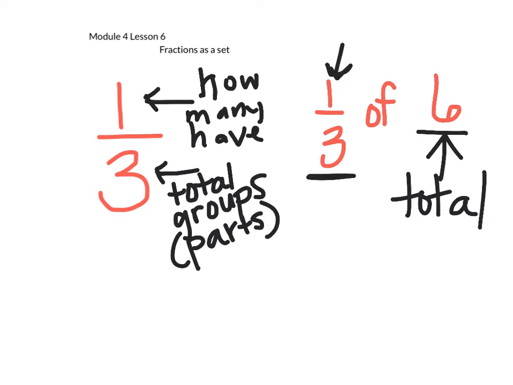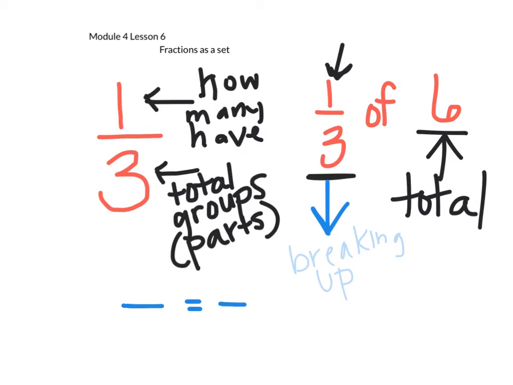Now let's think of this. If I'm looking for 1/3 of 6, is my answer going to be bigger or smaller? Remember that fractions means breaking up because fractions are the same as division, right?